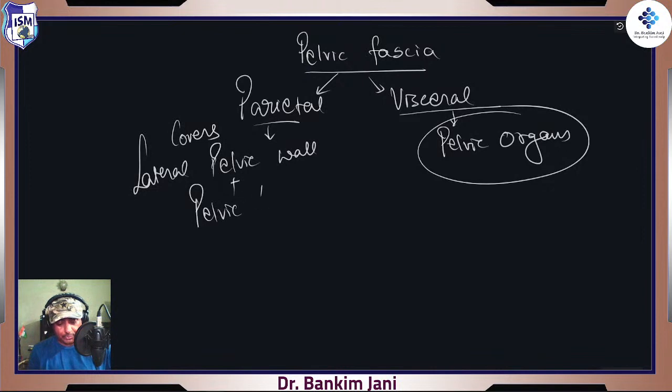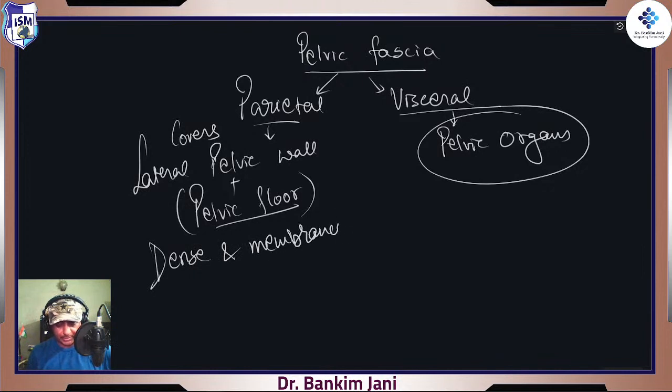This pelvic floor, though we have discussed it in the past, we'll see once again with all the details of all the muscles, in the form of images. Today there'll be lots and lots of images. Regarding the parietal part, this is dense and membranous. It has to be dense because it is associated with the bony pelvis, the pelvic floor, and the lateral pelvic wall.